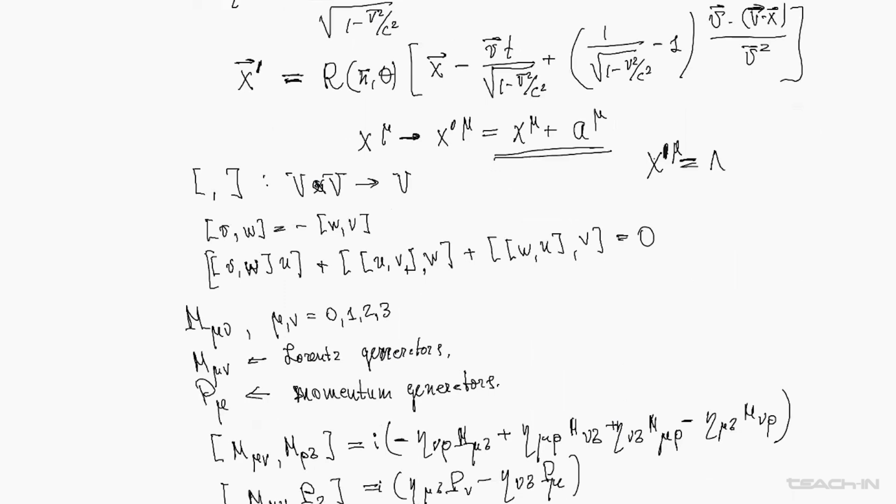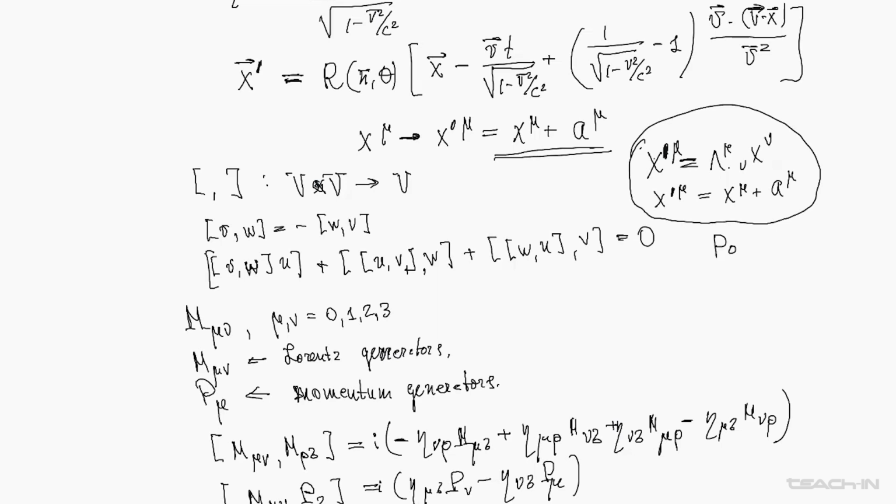Now we consider another type of transformation, where x prime mu is equal to x mu plus constant shifts by a. Okay, and this is Poincare. Yes, thank you. We extend the Lorentz transformations by adding extra transformations of the coordinates, which are constant shifts. So altogether, these are Poincare transformations.